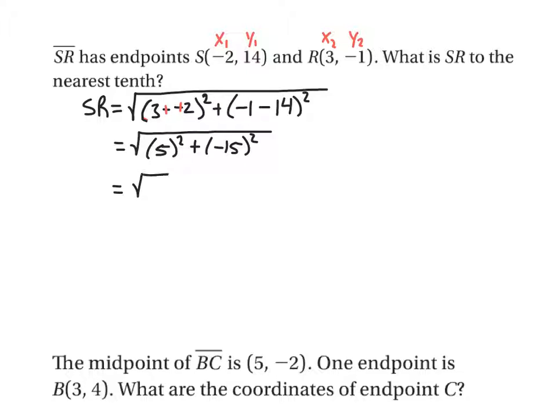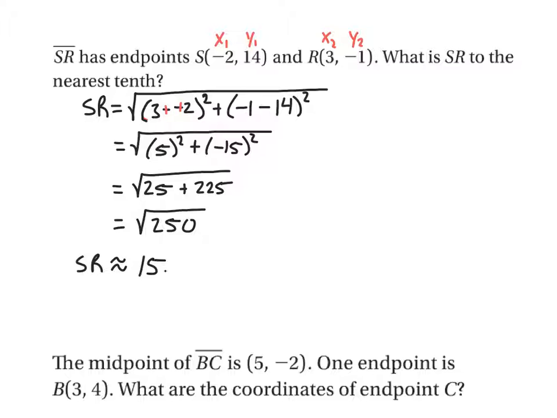And so this is the square root of 25 plus 225, or the square root of 250. Now we're going to have to grab our calculators to find out what that is, because they do want us to round to the nearest tenth. And according to my calculations, that is approximately 15.8.